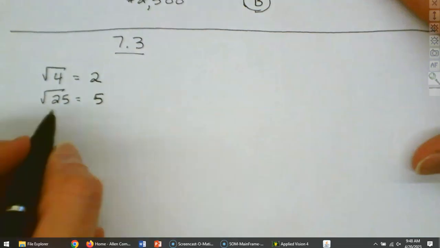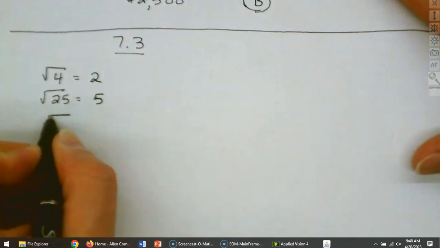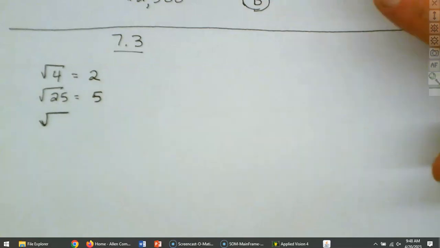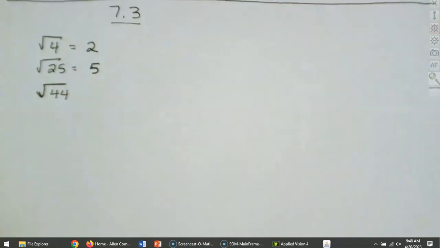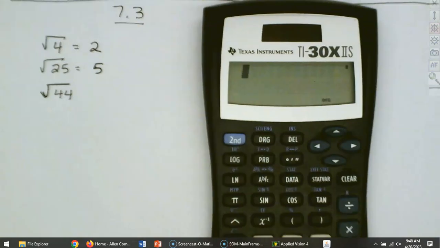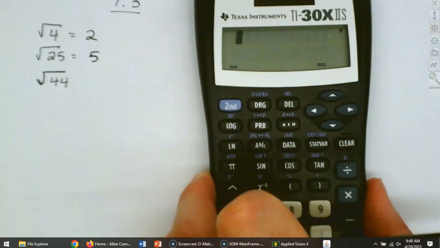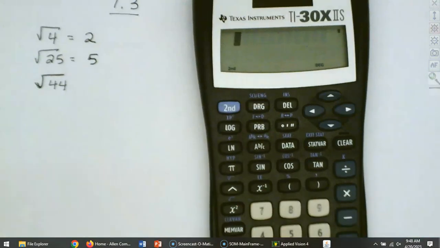What happens if it doesn't break up nicely? Let's look at the square root of 44. Now, how is that different? Well, if I try to use my calculator here, which you always start using your calculator, and depending upon what type of calculator you have, you'll have a square root key somewhere.